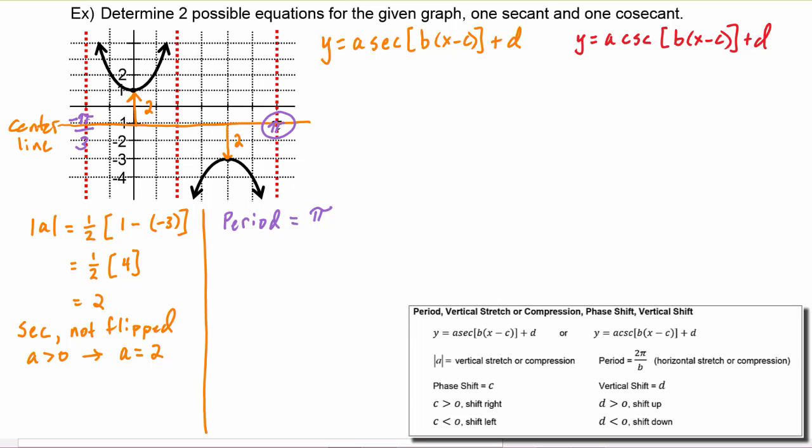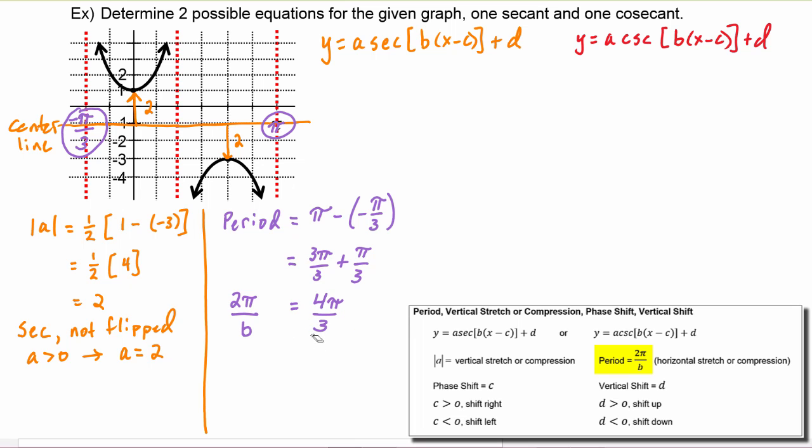So that means the period will be the subtraction of pi minus -pi over 3, which means we have 3 pi over 3 plus pi over 3, and we get 4 pi over 3. Now, when we're using letter B to calculate the period, we know we have to put 2 pi over b, and now we'll cross multiply.